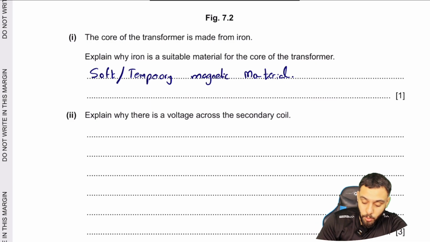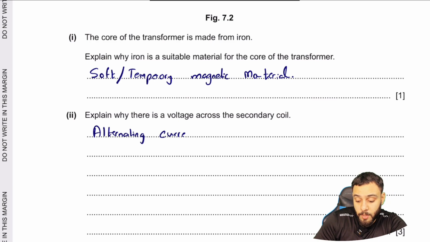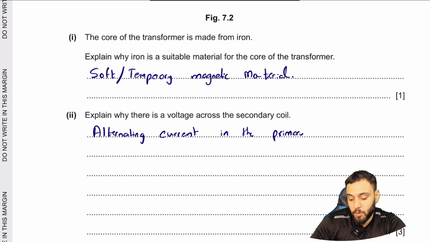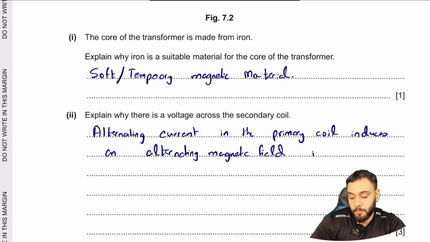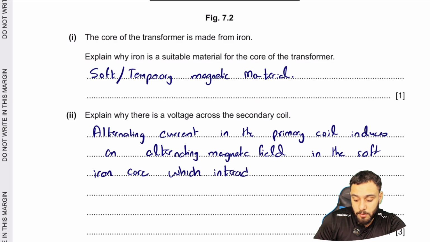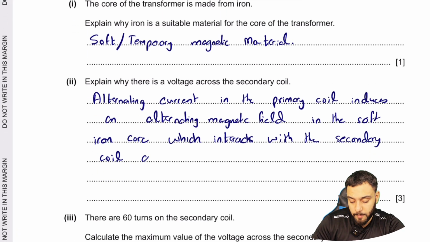Let's write this down again. Alternating current in the primary coil induces an alternating magnetic field in the soft iron core, which interacts with the secondary coil and causes a rate of change of magnetic flux.